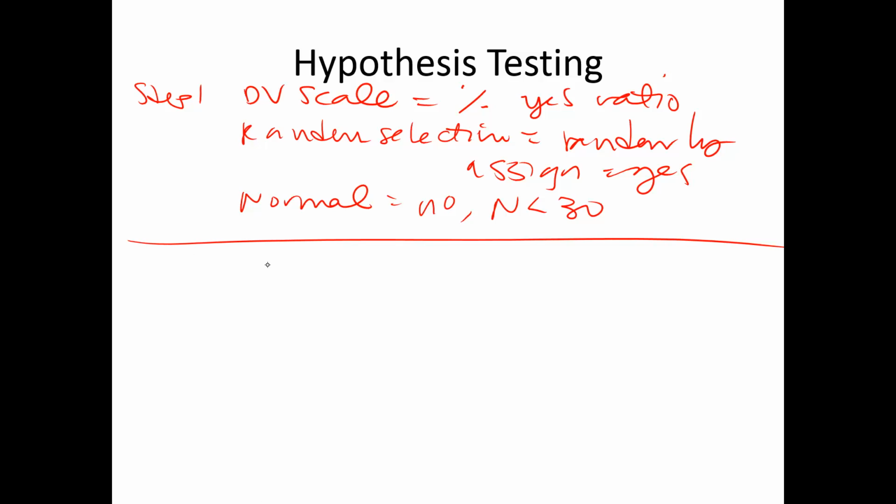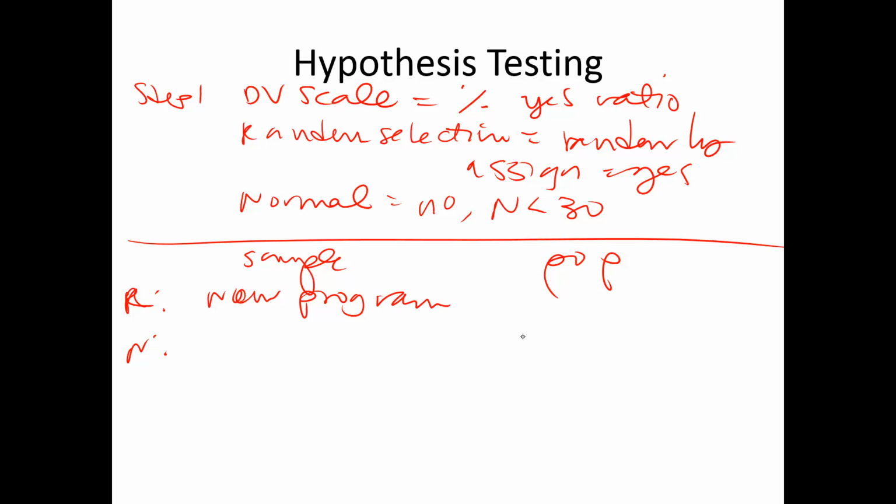So for step 2, let's label our sample and our population. All right, we're going to do research and our null. That's an R. Okay. So we've got our new program versus our old program. Remember, the DV is your percent correct.